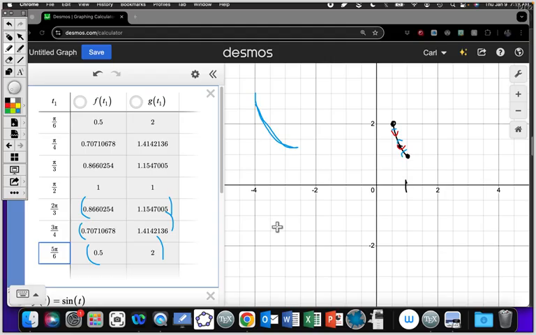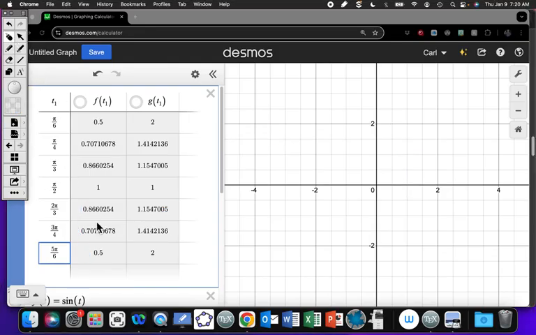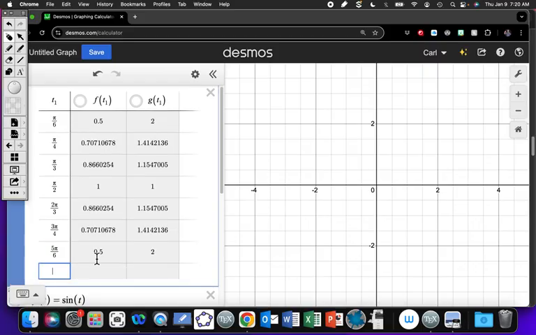Now once again, if we wanted to see what curve we're tracing out there, and more importantly, what's going on at the 0 and the pi. As we get closer to 0, we can plug in some numbers that are really close to 0.